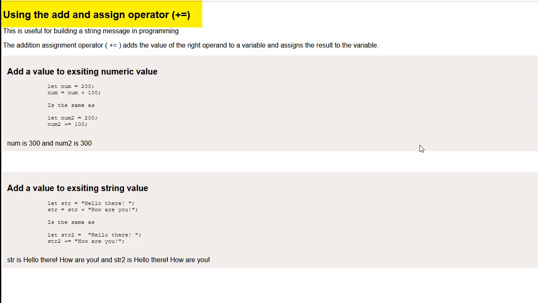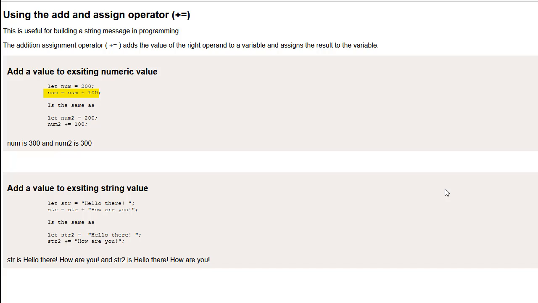Finally, I would like to talk about the add and assign operator, which is plus equal. It might also be referred to as the addition assignment operator. Here I have let num equals 200. If I wanted to add 100 to that value of num, I can say num equals num plus 100. That's well and good, and it's pretty straightforward.